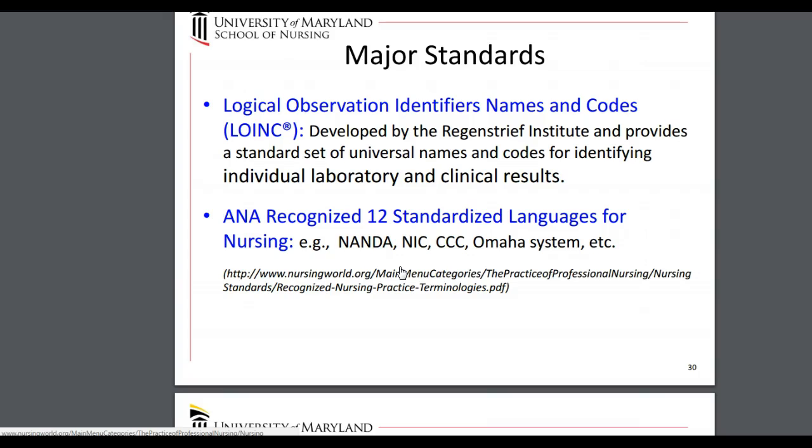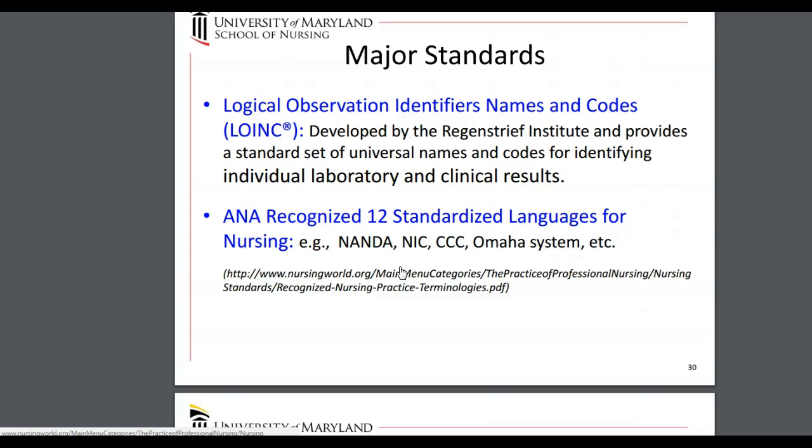So if you want to check to see if someone got an ANA, which is an anti-nuclear antibody test for some sort of inflammatory response, there are certain codes for identifying that lab so that you can identify it when you look into someone else's records. And the same goes with clinical results.